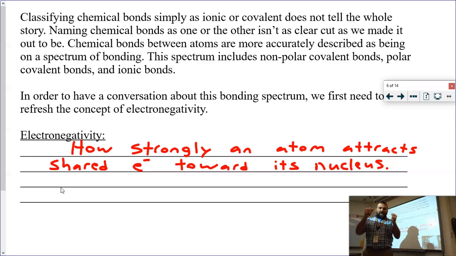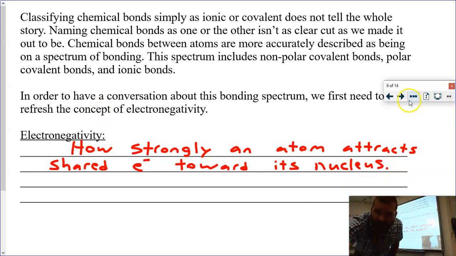One of those nuclei will most likely have a stronger attractive force towards those electrons that are being shared. As a result, the electrons are actually shared unequally. Now, the measure of how strongly an atom attracts these shared electrons towards its nucleus is called electronegativity. Higher electronegativity means stronger attractive force towards those shared electrons, and it leads to an uneven distribution of electrons in that chemical bond.